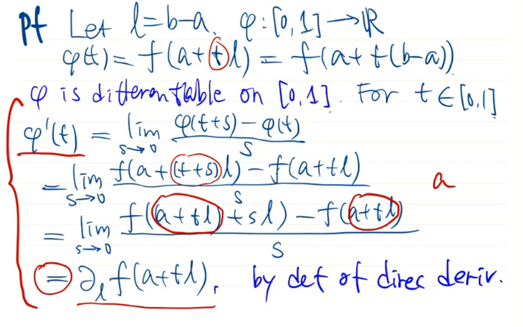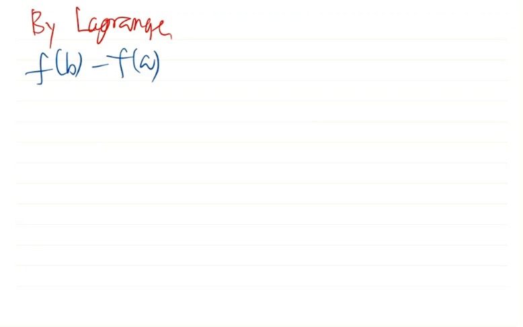Now having verified that phi is differentiable and computed the derivative of phi, we can apply the Lagrange theorem for single variable functions to this phi. So by Lagrange, our f(b) minus f(a). f(b) is exactly phi of 1, while f(a) is exactly phi of 0.